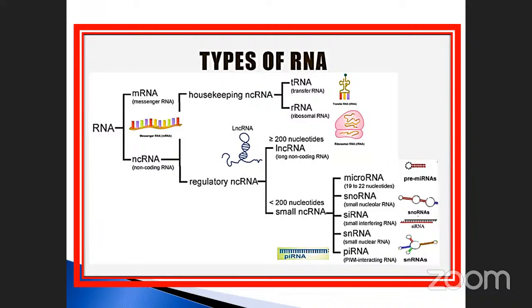So here the 3 RNAs come. What are the 3 RNAs? mRNA, tRNA, rRNA. On the other hand, the non-coding RNA is also divided.